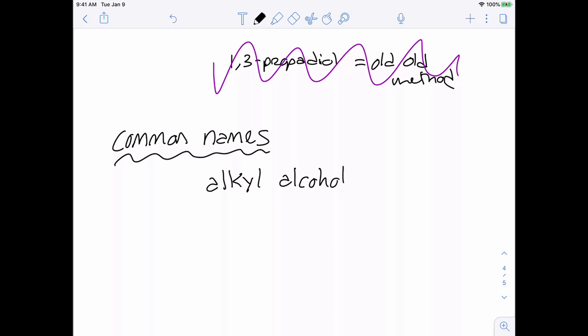So the carbon part would be named as an alkyl group. Instead of ethanol, it would be ethyl, right? 2 carbons as an alkyl group is ethyl. And then the word alcohol would be put at the end of it. So ethanol would be our IUPAC name. Ethyl alcohol would be its common name.